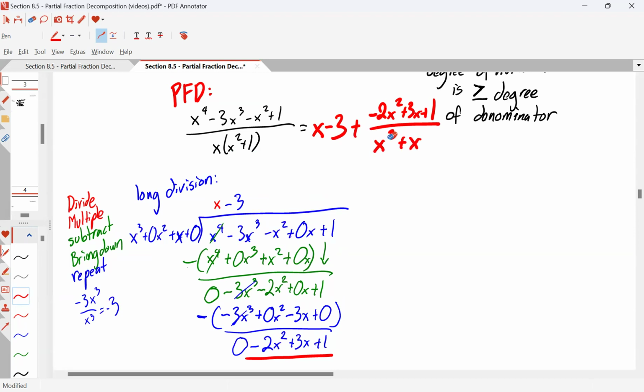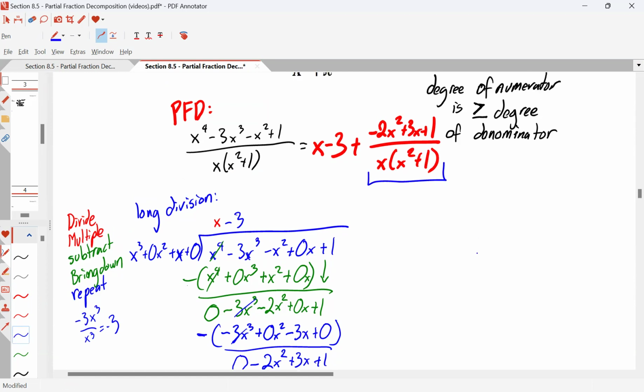And x cubed plus x we already know is x times x squared plus 1. Now this we can use partial fraction decomposition on.